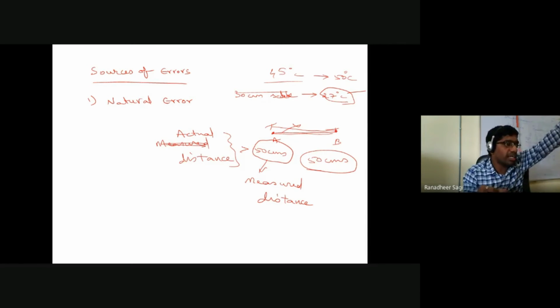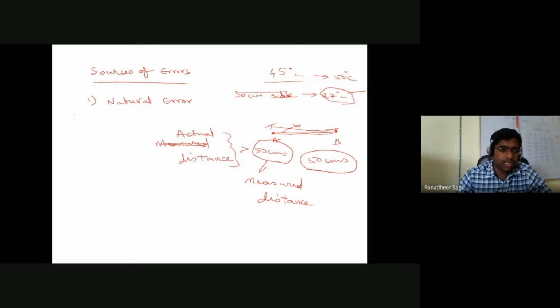So what is it indicating? Because of some natural issues, maybe due to wind, maybe due to different temperature, or maybe due to different atmospheric conditions, there are certain errors you come across in your measurements while carrying out your survey in the field. So you have to be a little careful while conducting your survey, whether you are encountering any such kind of natural errors.